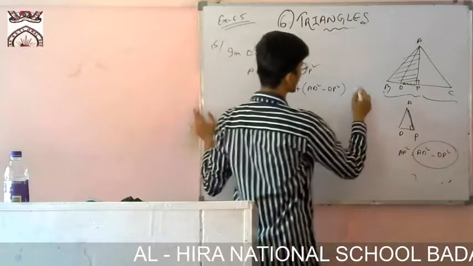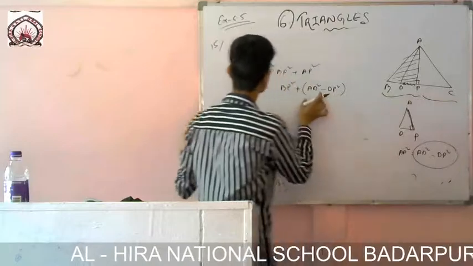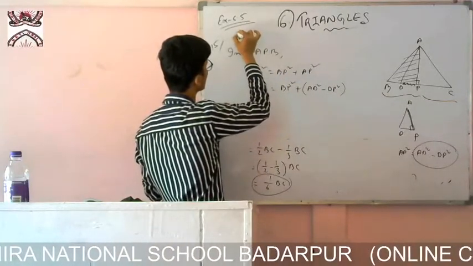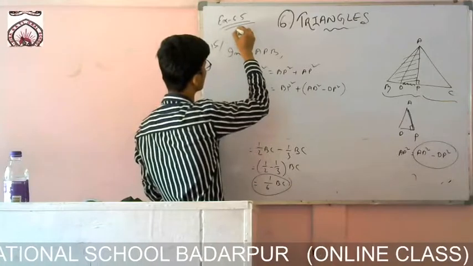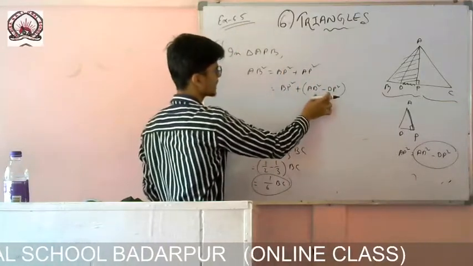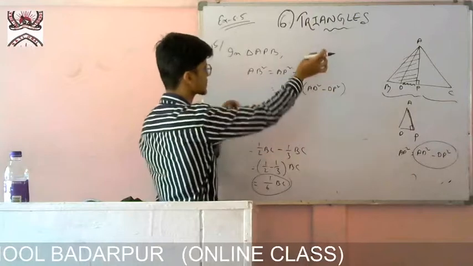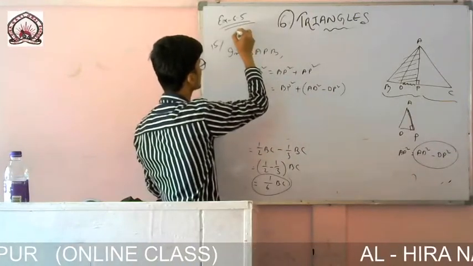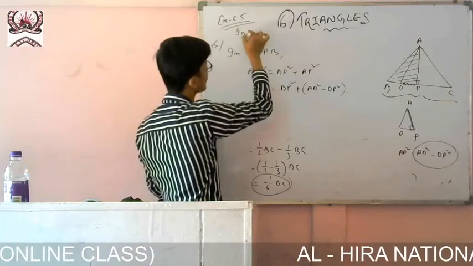It's better that before starting this you write like this: in triangle ADP, AP square is equal to AD square minus DP square. Don't write it directly, or else you may not understand later on.